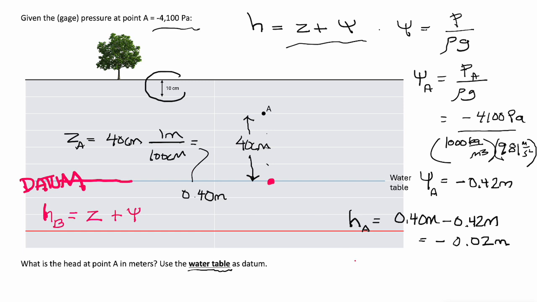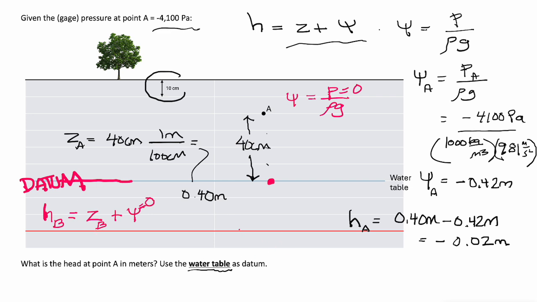Psi at B is easy, remember, because psi is always equal to P over rho G, and on the water table, pressure is equal to 0, so psi is always equal to 0, always on the water table. No matter what we choose as datum, the metric potential on the water table is 0. So in all cases, the head on the water table at point B will equal the elevation of the water table relative to datum, but we've chosen the water table as datum.